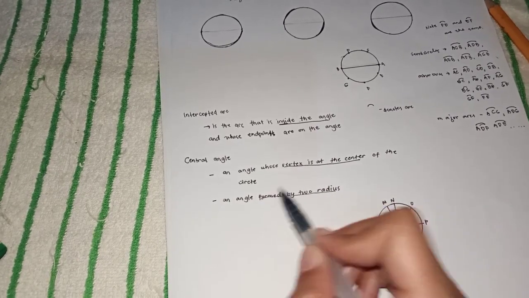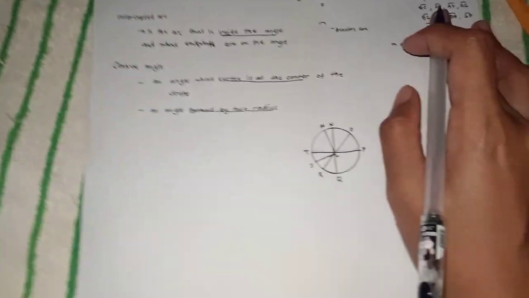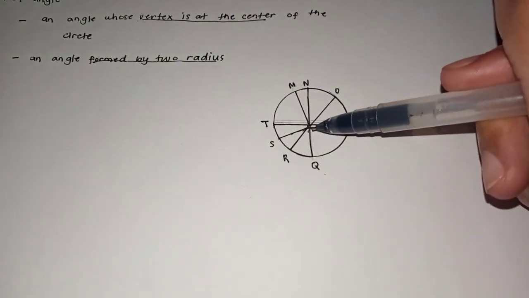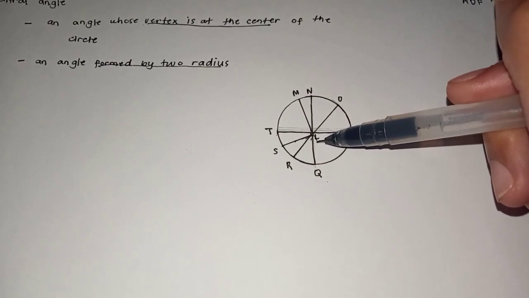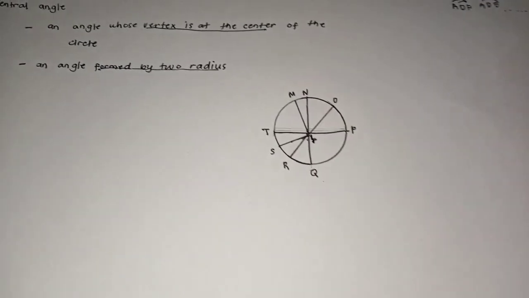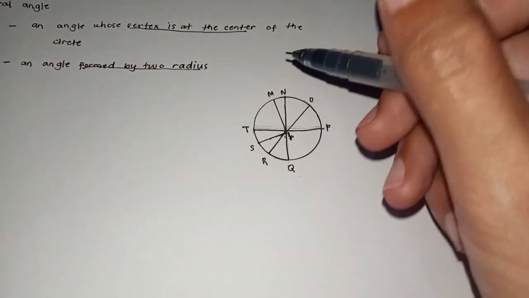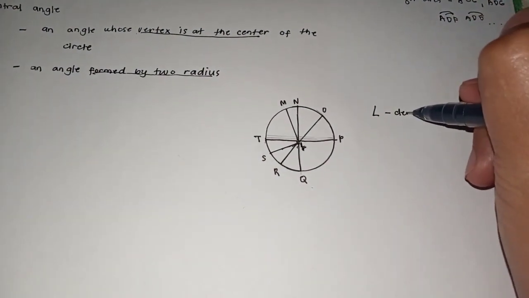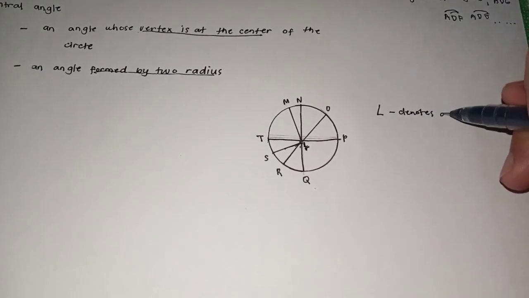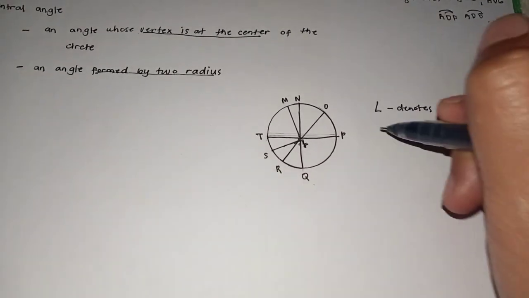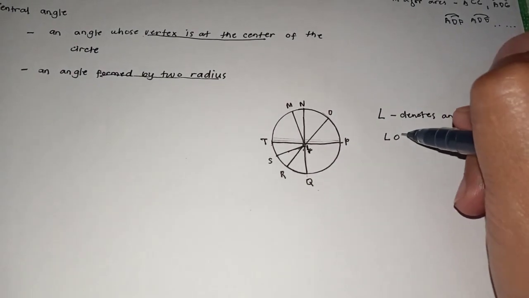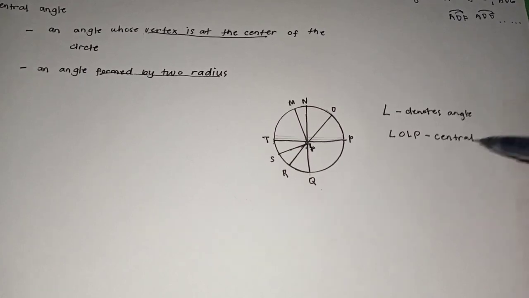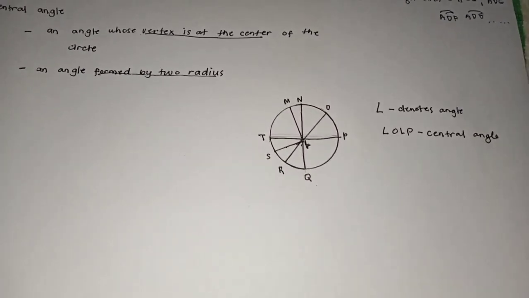As you can see, we have a circle L. By the definition of central angle, here are some angles that can be considered central angles. Here I have the symbol that denotes an angle. So we have angle OLP as your central angle, and your intercepted arc is the arc between the end points of your angle.